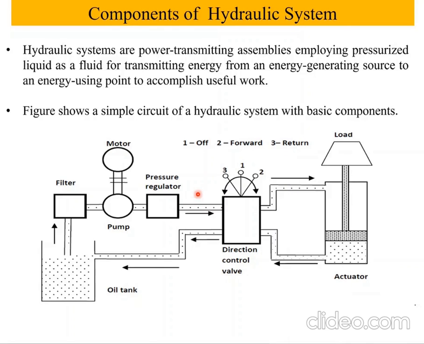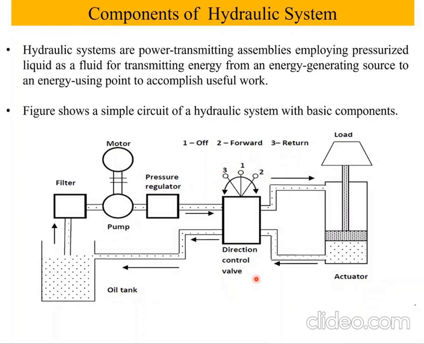On the scale of this pressure gauge, we can read how much pressure is coming out of this regulator. You can set this pressure here, 100 bar, 200 bar, and that pressure will come out of this regulator and will be applied to this direction control valve.